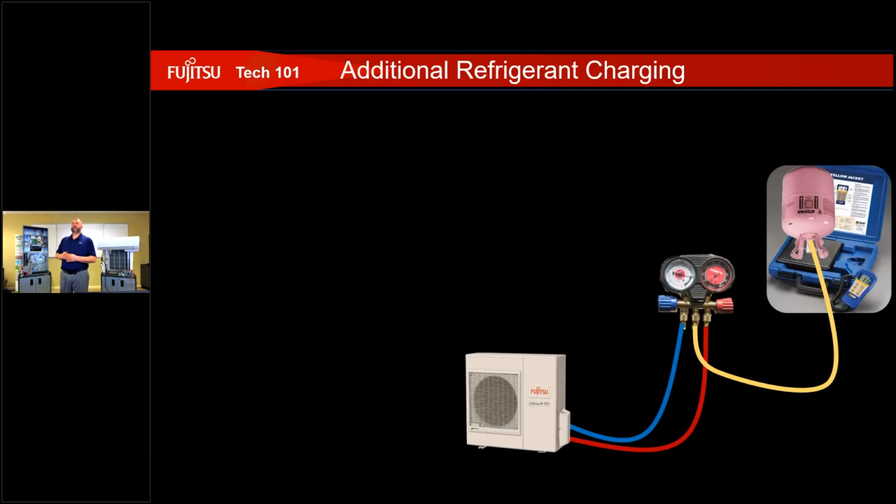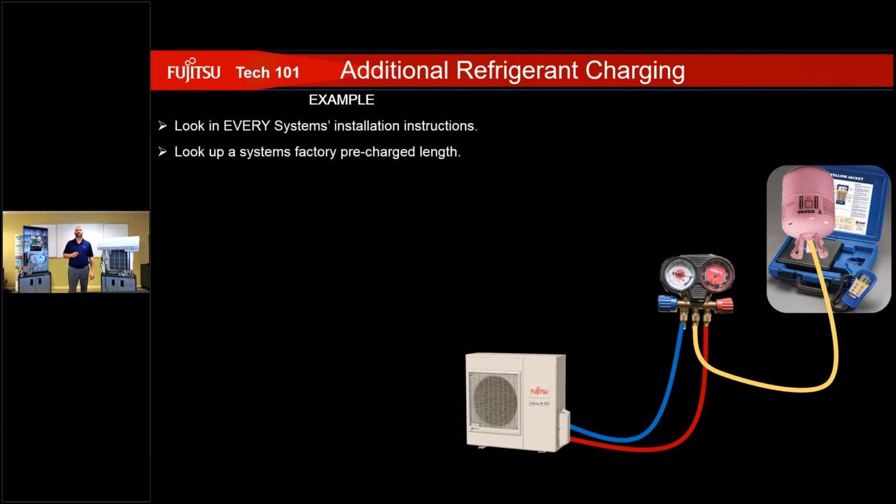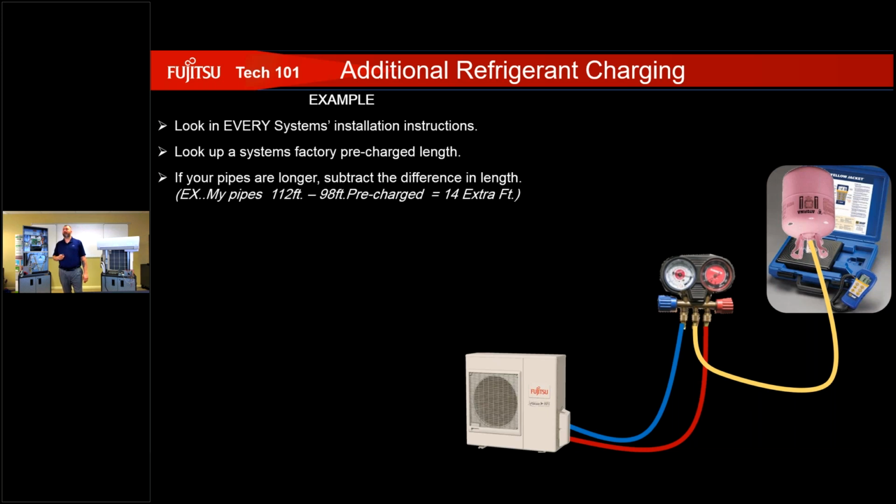Now we get to the additional refrigerant charging. This is not something that we can just wing. We have to know for a fact what we have to add to our system. Our units vary in how much refrigerant we're going to be adding per foot. But basically, we have a standard pre-charge length.